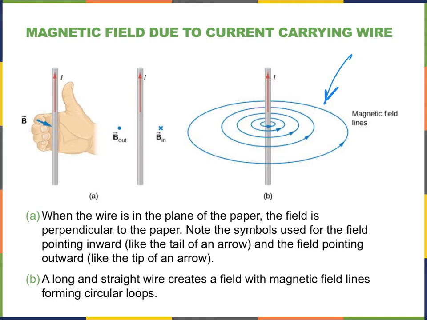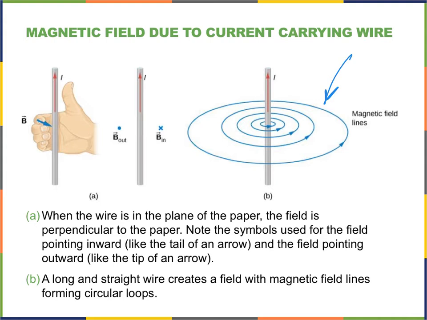In order to figure out what way the magnetic field points in those circles that go around the wire, we use the right-hand rule. The way you do this is you take your thumb, you point it in the direction of the current, and the way that your fingers curl when you curl them is the way the magnetic field curls around the wire.